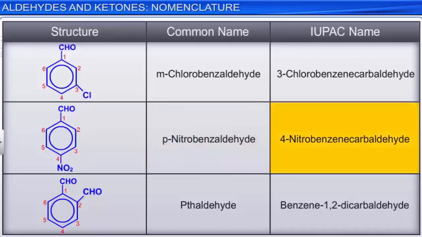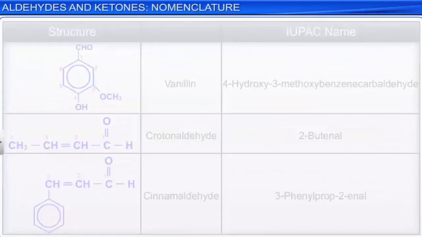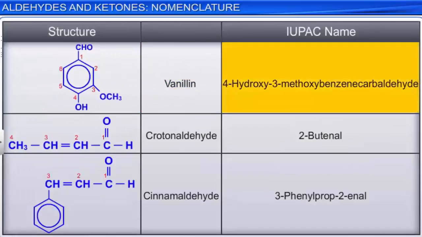Phthalaldehyde is benzene-1,2-dicarbaldehyde. Vanillin is 4-hydroxy-3-methoxybenzenecarbaldehyde. Crotonaldehyde is but-2-enal and cinnamaldehyde is 3-phenylprop-2-enal.